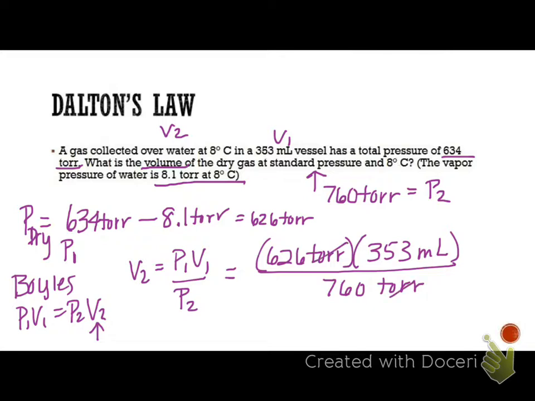Cross out our torr. So 626 times 353 divided by 760 gives us V2, which rounded to 3 sig figs is 291 milliliters.